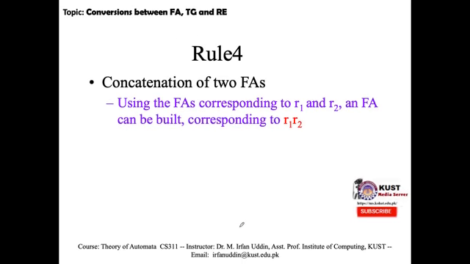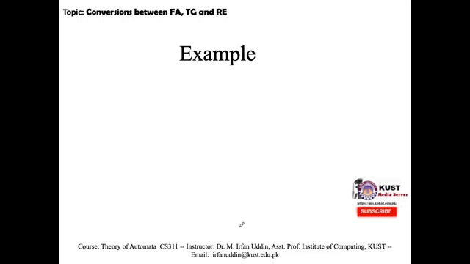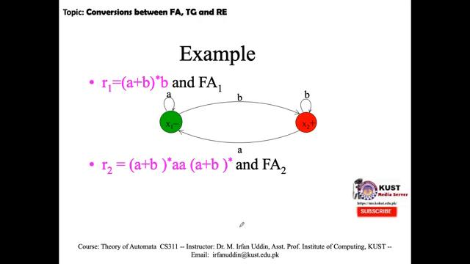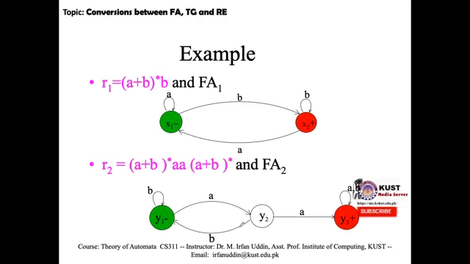Now the next rule is rule number 4, that's the concatenation of two FAs. It means using the FAs corresponding to R1 and R2, an FA can be built corresponding to R1 concatenated with R2. Let's say we have two FAs.